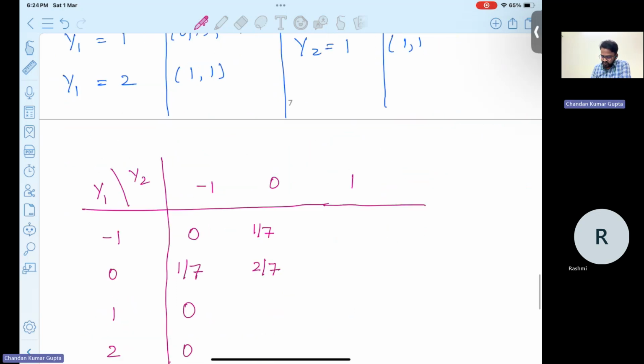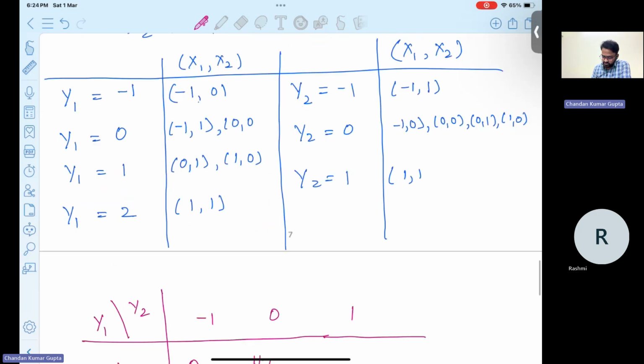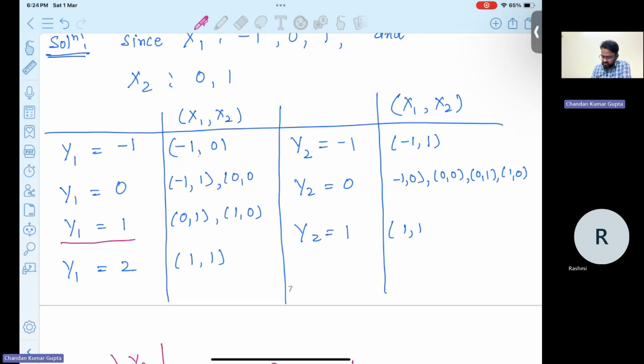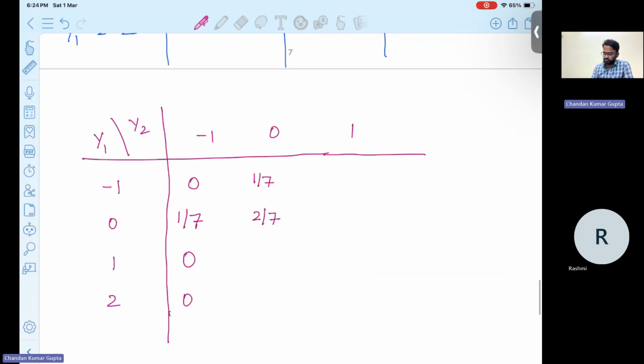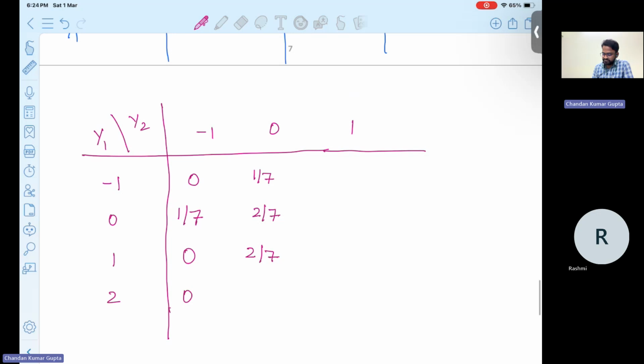And when y1 equal to 1 and y2 equal to 0, it is 0, 1 and 1, 0. So we need to add 1/7 plus 1/7, and this comes out to be 2/7 again.